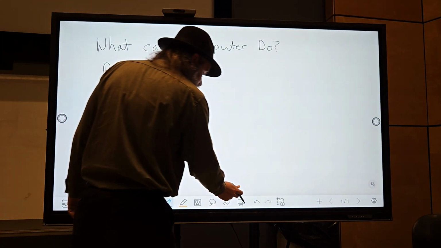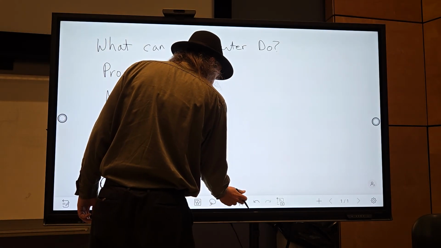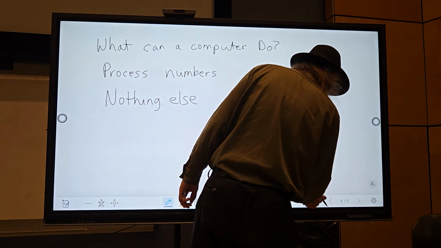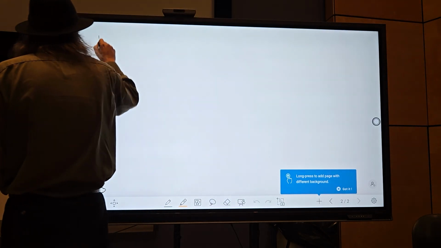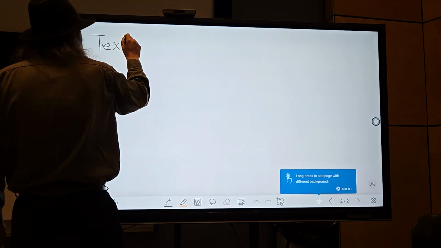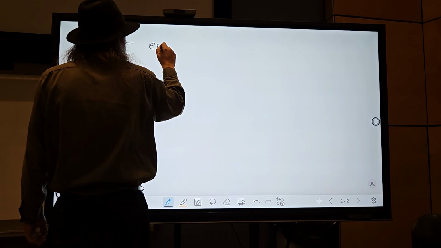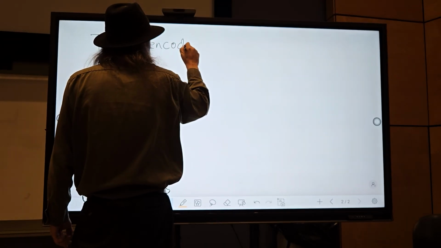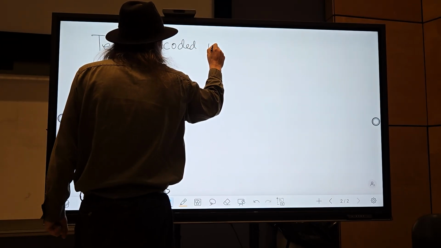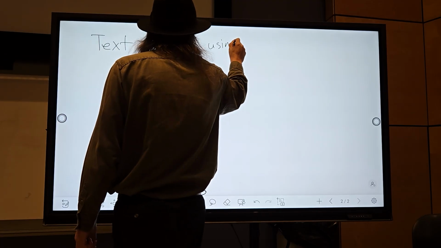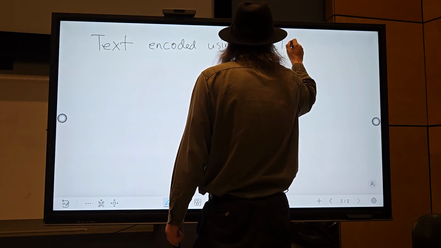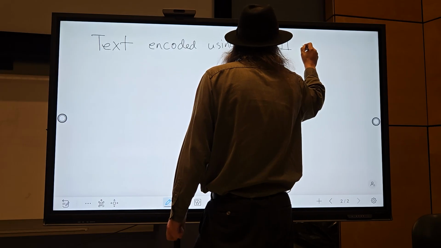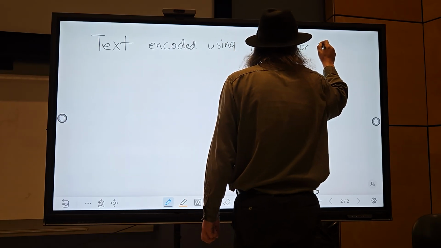So text is encoded using ASCII or Unicode.